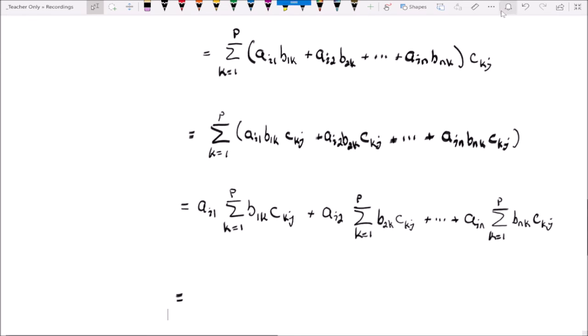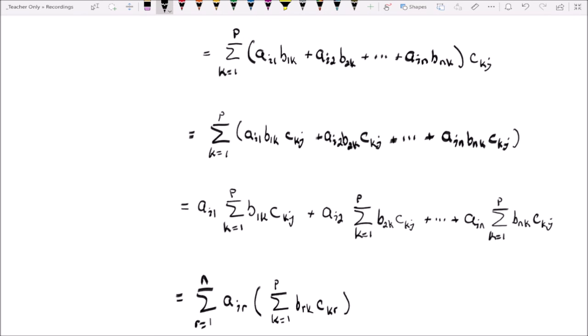So we can use summation notation to write the sum r equals 1 to n of air times the sum k equals 1 to p brk ckj.